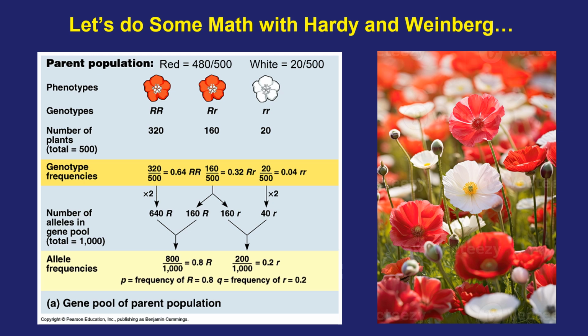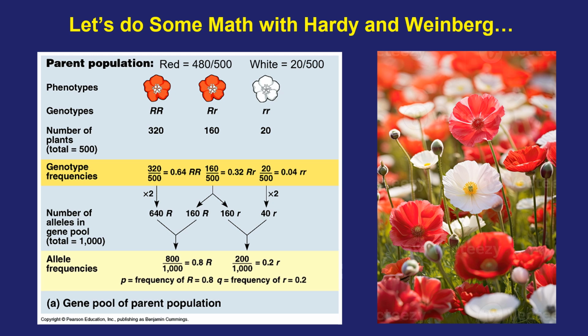Now we could at this point just subtract 0.8 from 1 and we'd get 0.2 for our recessive allele, but let's do the math on the recessive allele as well. So for the recessive alleles, we have 20 individuals that are homozygous recessive. Because they're diploid, they are going to contribute 40 recessive alleles, little r's.